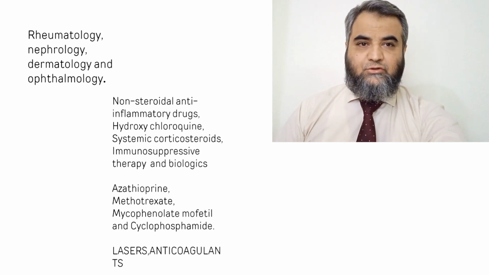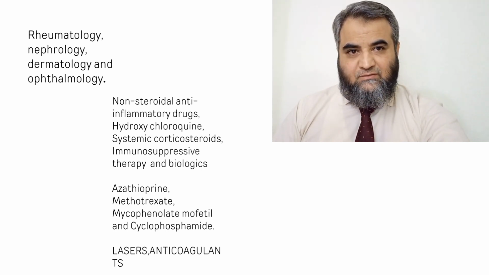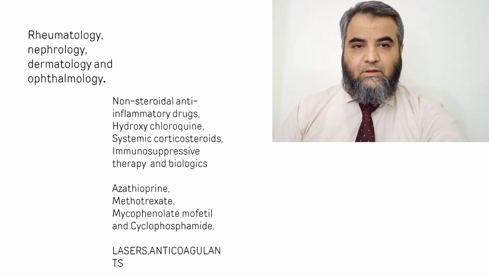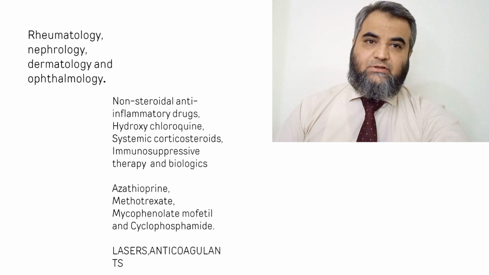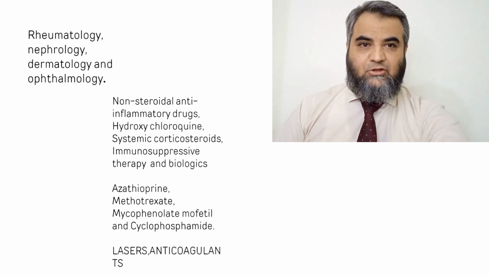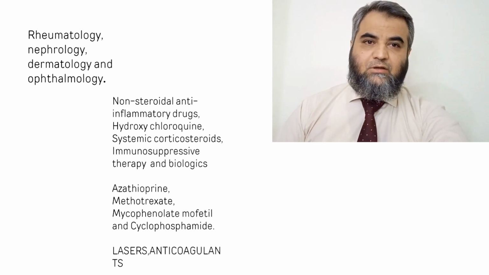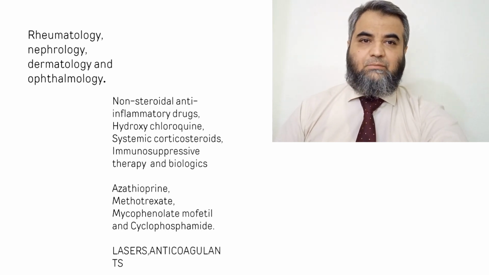We can use hydroxychloroquine in the management of SLE, along with subtenon triamcinolone. If we talk about immunosuppressive agents, we have azathioprine, mycophenolate mofetil, cyclophosphamide, and methotrexate. All these can be used in consultation with the rheumatology department.